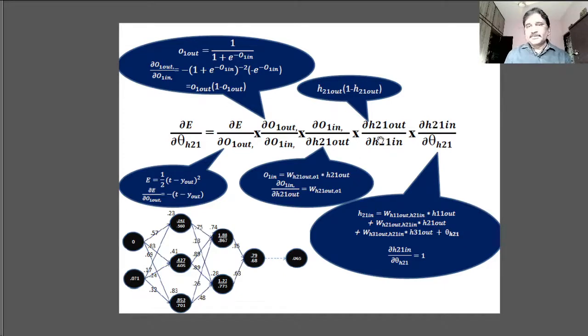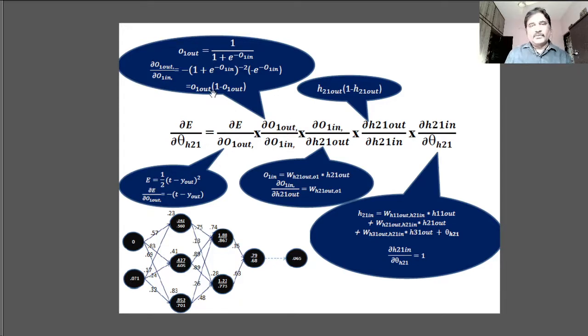And then coming on to H21 in, differentiation of H21 out with respect to H21 in. Now we don't have to see this once again in detail. It is as good as seeing the differentiation of O1 out with respect to O1 in.